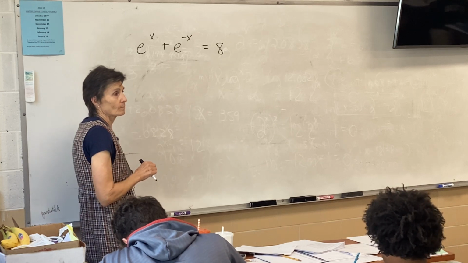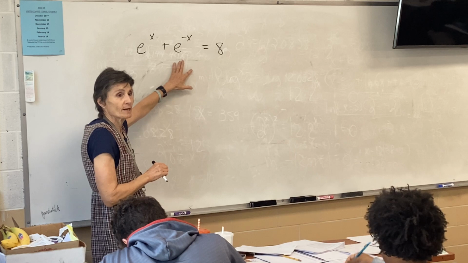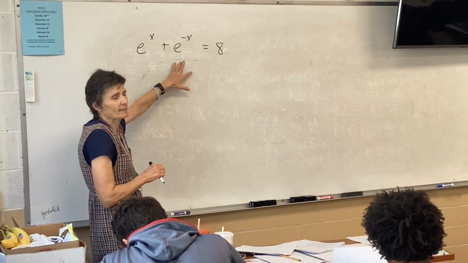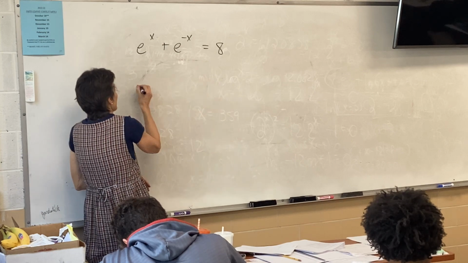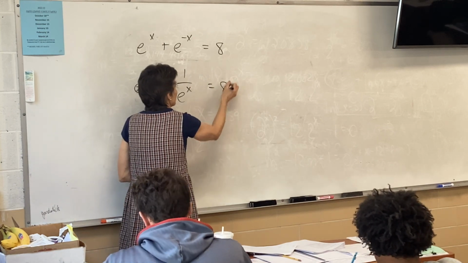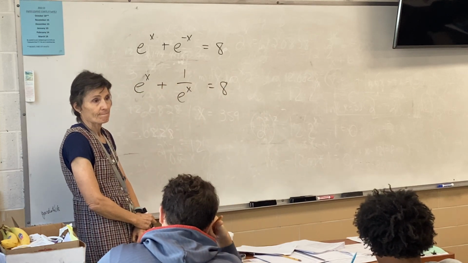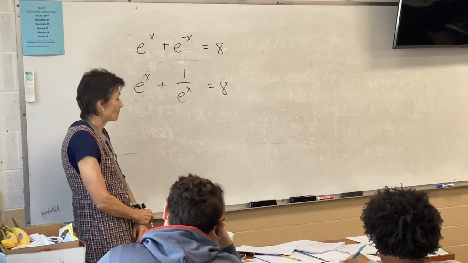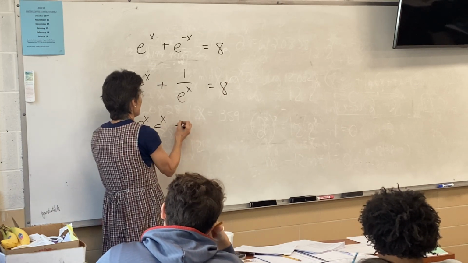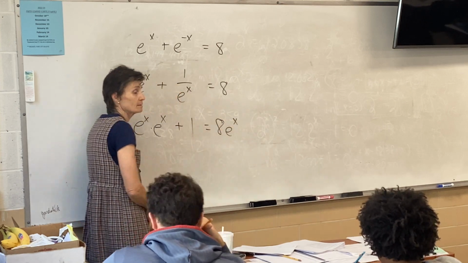Generally speaking, negative exponents are not our friends. We do need them in scientific notation, but other than that, we don't like negative exponents. So we'll rewrite that as 1 over e to the x. And then we're gonna get rid of that fraction, so we're gonna have e to the x times e to the x plus 1 equals 8 e to the x.